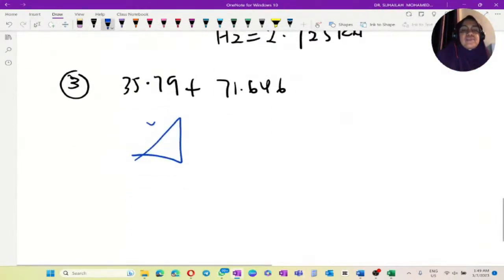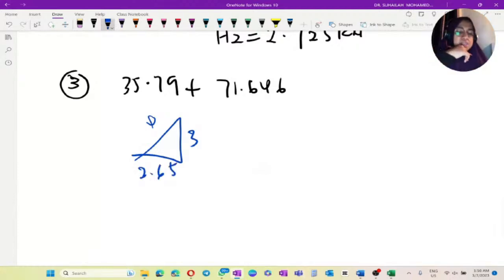If this is 4 meter, this is 3 meter, the square root of 4 squared minus 3 squared is 2.65. So this is V1, this is H1.